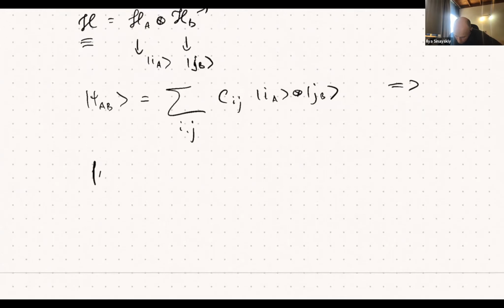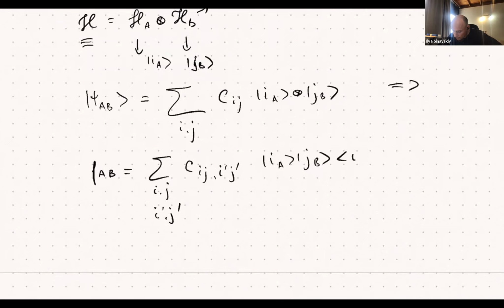So the density matrix rho AB will be a sum over i, j, i', j', with some numbers c_ij,i'j', times e_i^A e_j^B e_i'^A e_j'^B. If it's a little bit counterintuitive, I will give you an example just now which can probably make you feel a little bit better.